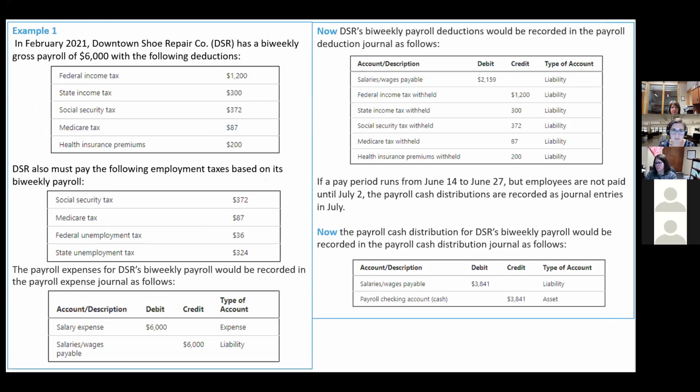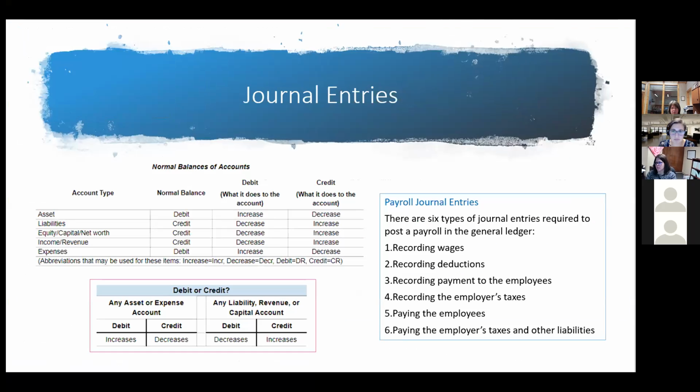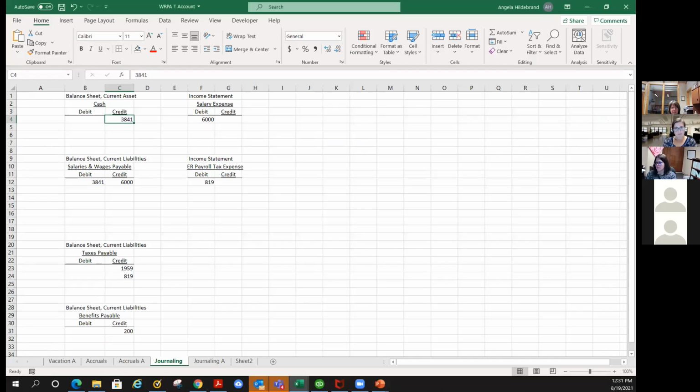And if we go back here to the normal account balances, right? Bring up my spreadsheet, my little T account thing. So when we think of assets, here's my cash account. It's an asset on the balance sheet, right? It has a normal debit balance.